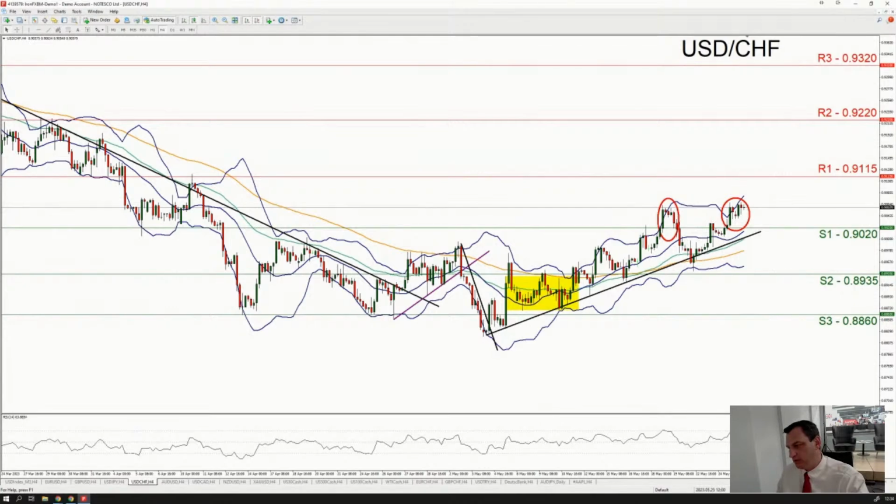Interestingly enough, I would also note the RSI indicator. It's at 63, which may be interpreted as a slightly bullish sentiment on behalf of the market.